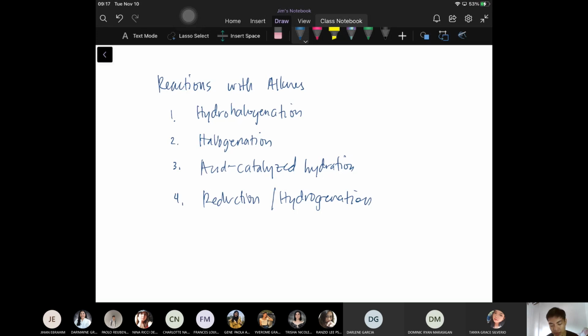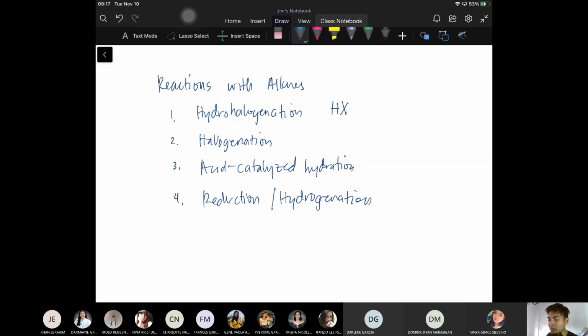Okay? So, isa-isahin natin yan. Pag sinabing hydrohalogenation, from the word itself, may hydro, may hydrogen, may halogen, or X. Yung X mo, pwedeng chlorine, bromine, iodine. Okay? So, yung fluorine, pwede rin, pero hindi siya mostly nagagamit.